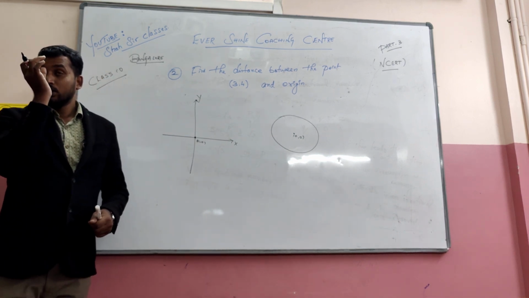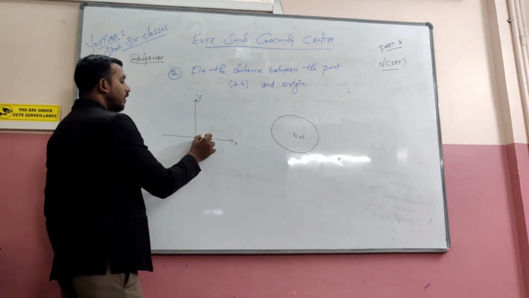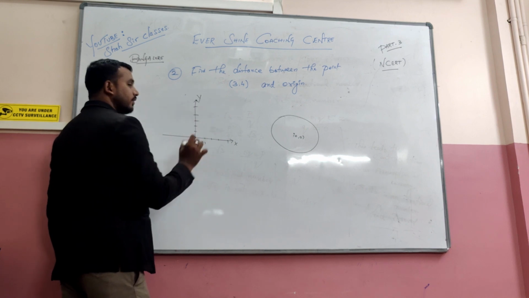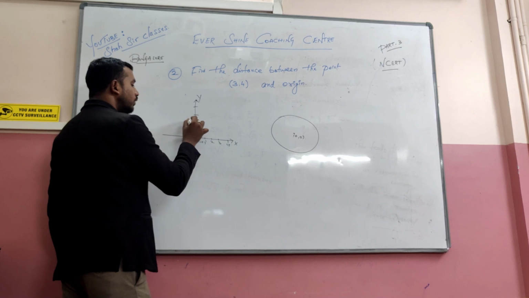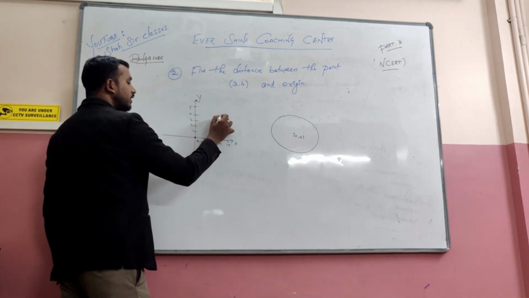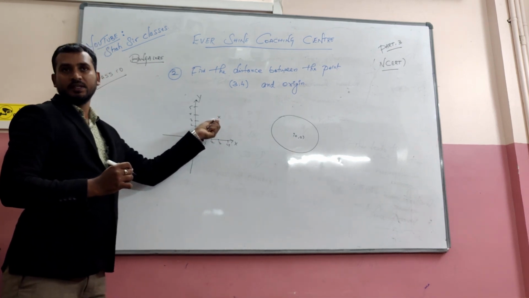Is this clear? Now we have to find the distance between this origin and the point 3, 4. We count 1, 2, 3, 4, 5 on the axes. So what are the coordinates? 3, 4. Means it comes somewhere here. X axis 3, y axis 4. So it meets here.